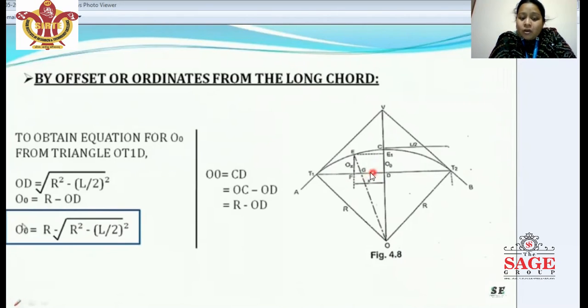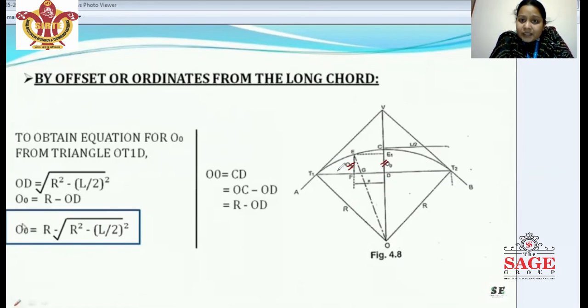So simple, OX is denoted equal to EF, equals to E1 to D, means from this line, EF is parallel to this line.